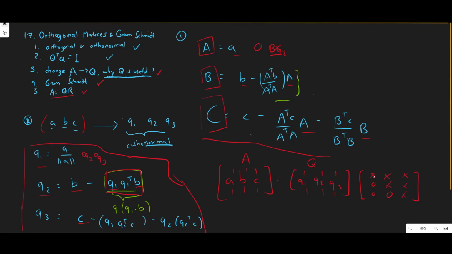So X is some number that we will soon figure out, but the thing is they form this upper triangular matrix. In the book, we gave it the name R, and its entries have this format: Q1 transpose A, Q1 transpose B, Q2 transpose B, Q1 transpose C, Q2 transpose C, and Q3 transpose C, with 0, 0, 0, 0 below the diagonal.